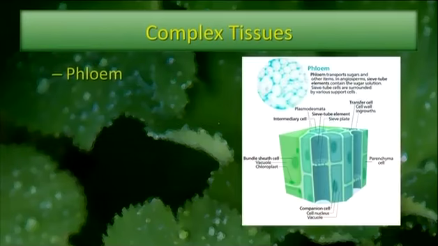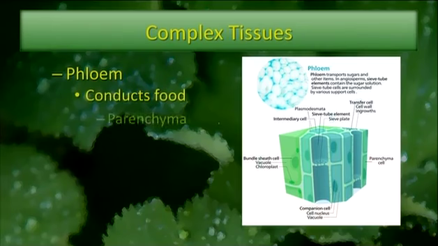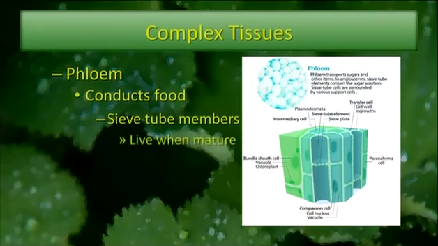Now phloem. Phloem is a food-conducting tissue in the plant, usually conducting it in the form of sugars. And most of these sugars, of course, come from photosynthesis. Phloem is made up of parenchyma cells, fiber cells, ray cells, and sieve tube members, which are live when mature, whereas remember the vessel elements in the xylem are dead when mature.